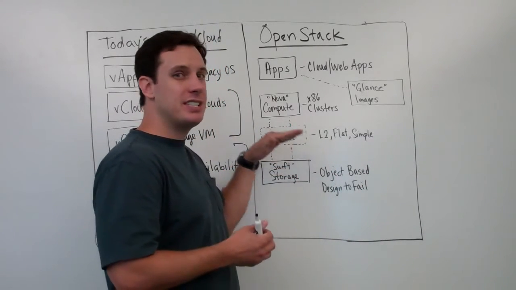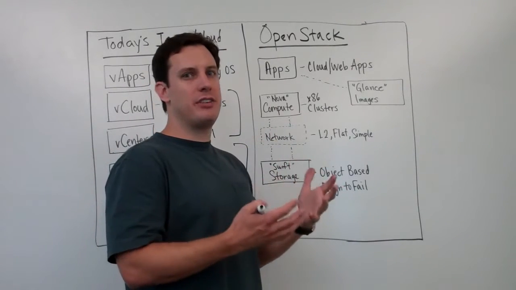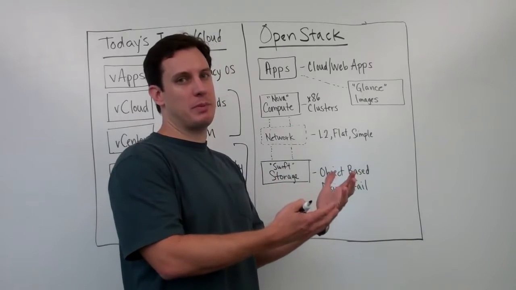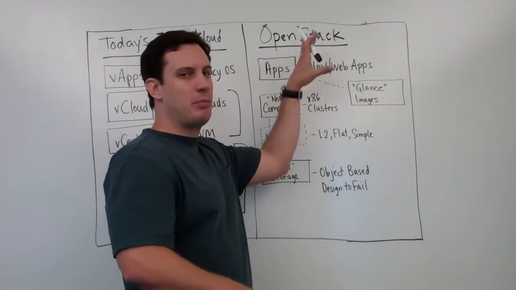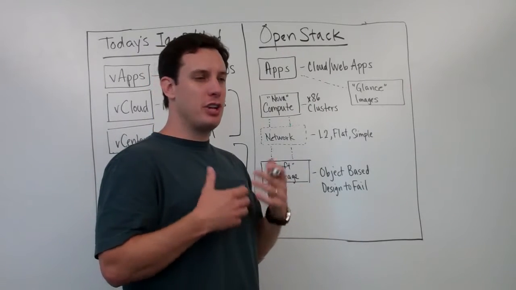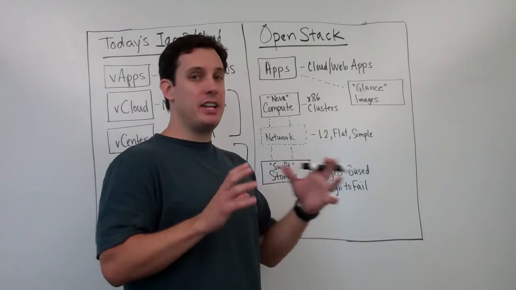Now, a couple other things to keep in mind. There's not necessarily today in the Cactus release, which is the third release, a strict definition of what the network looks like, and we're going to talk about that in future versions. But in essence, the expectation of OpenStack is that the infrastructure is going to fail from time to time. It's not built for complete high availability, at least of any individual component.